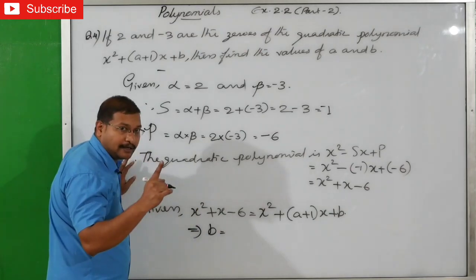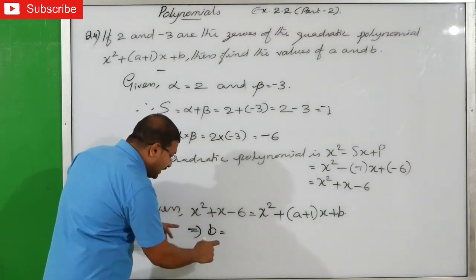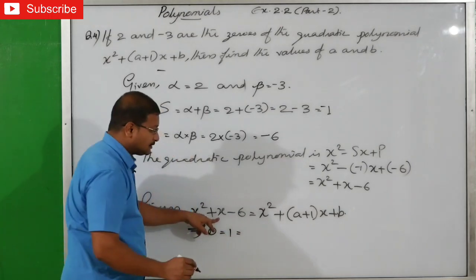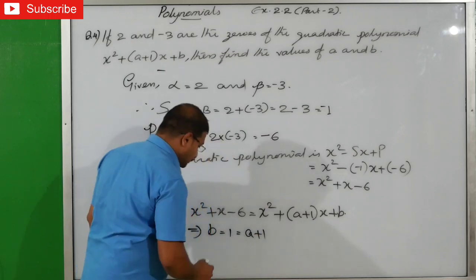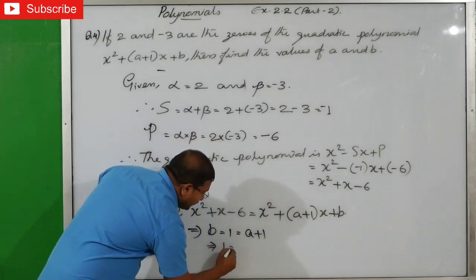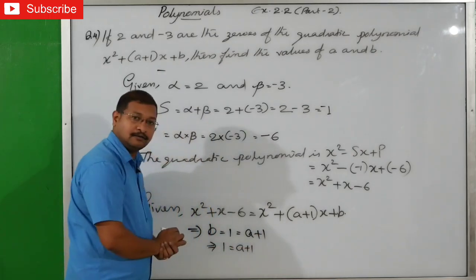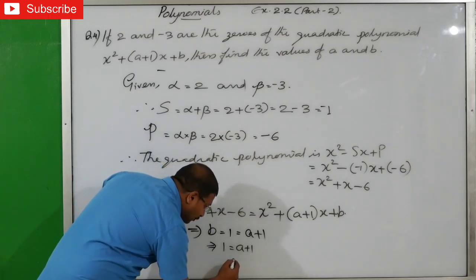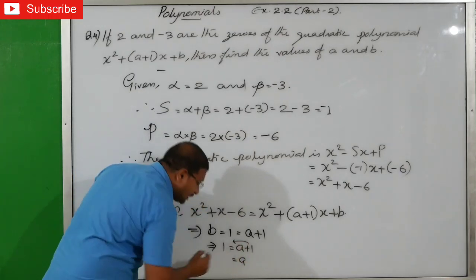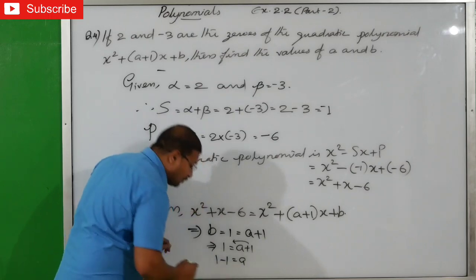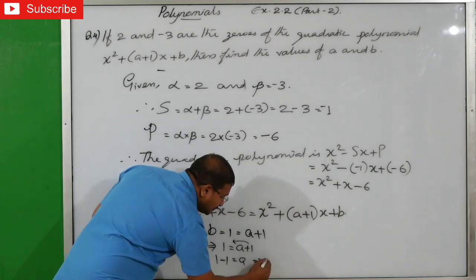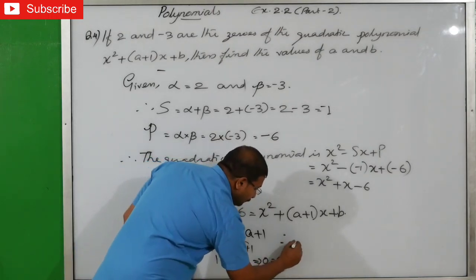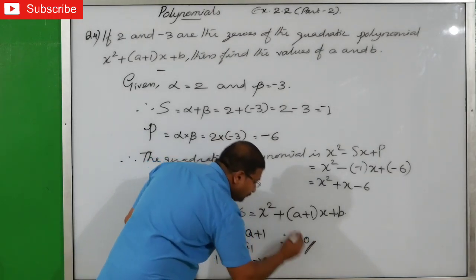So the coefficient of x: 1 equals a plus 1. So if you want a, this 1 will go to the other side, that means 1 minus 1. This implies 0 equals a, therefore a equals 0.